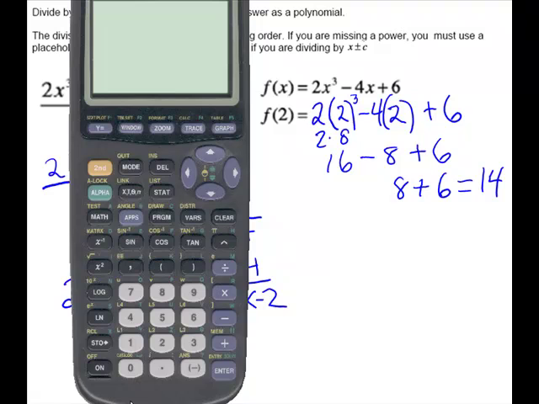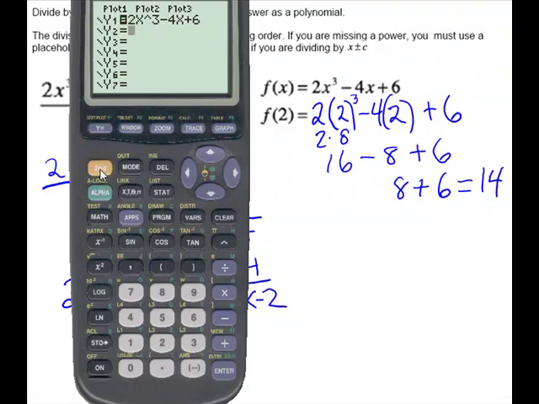All right. We could also evaluate it on the calculator. So let's put it in. So turn it on, do y equals. Type in your polynomial. So 2x to the third minus 4x plus 6.